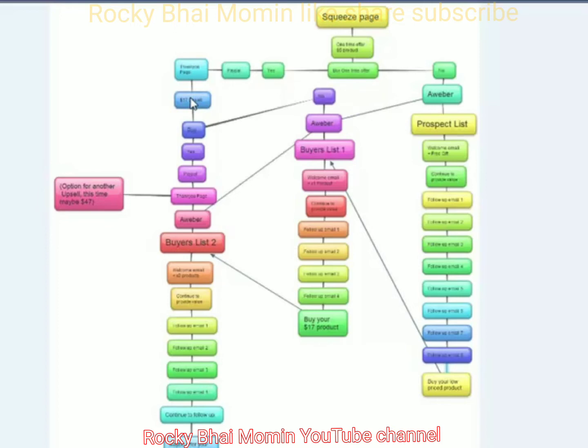If they don't, then at the bottom of that page you need to include a link to say, no thanks, I'm not interested, please take me to my product, which they've just purchased, which would be the one-time offer. So you need to definitely include that link at the bottom of the page when you include this $17 upsell offer page. I hope that makes sense.